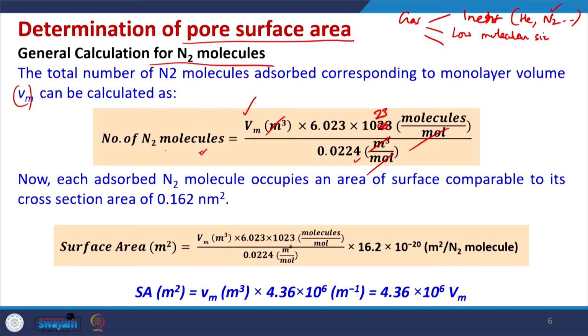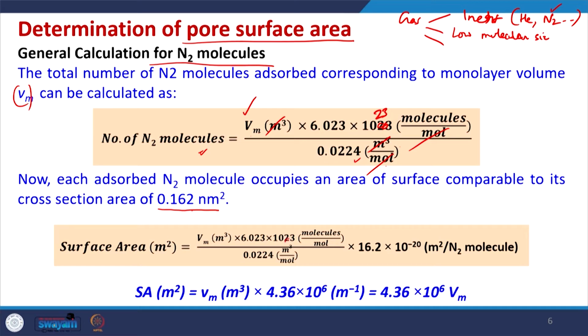Now, each adsorbed N2 molecule occupies a surface comparable to its cross section, and that cross section is 0.162 nanometer square. So, if each N2 molecule occupies this, from that data we can determine the surface area.